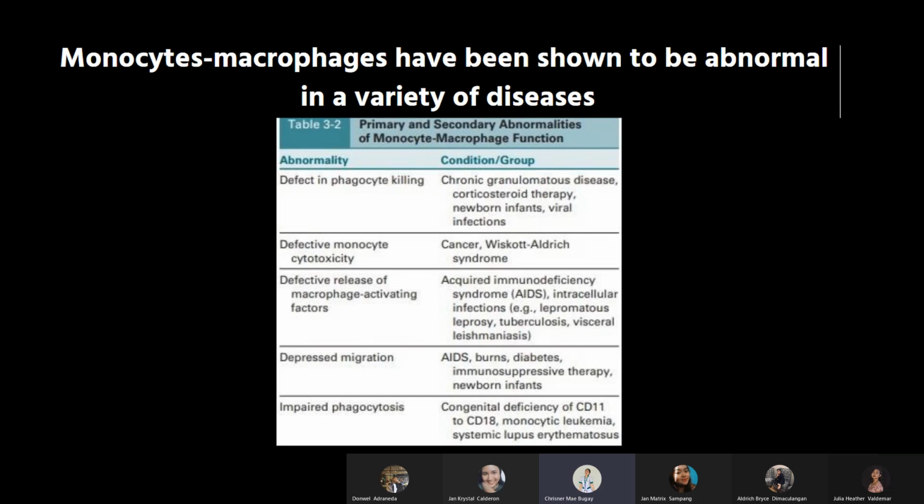While the cancer patients with defective monocyte cytotoxicity because of the tumors that have the ability to release factors that suppress the generation of toxic oxygen metabolites by macrophages, while the defective release of macrophages activating factors and depressed migration is commonly seen with patients with acquired immunodeficiency syndrome and newborn infants.